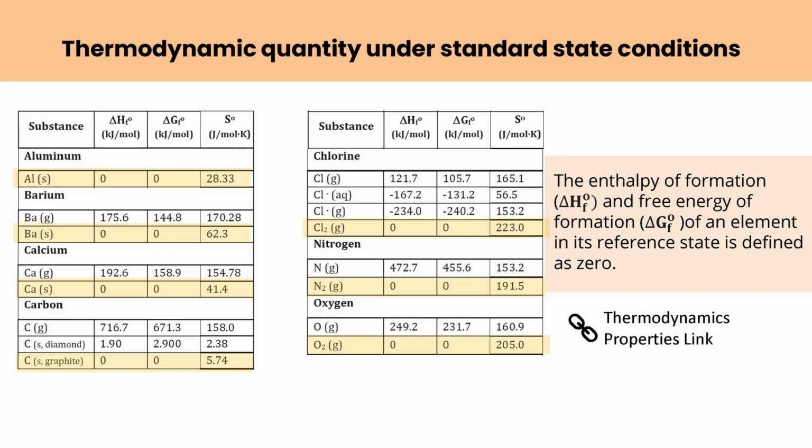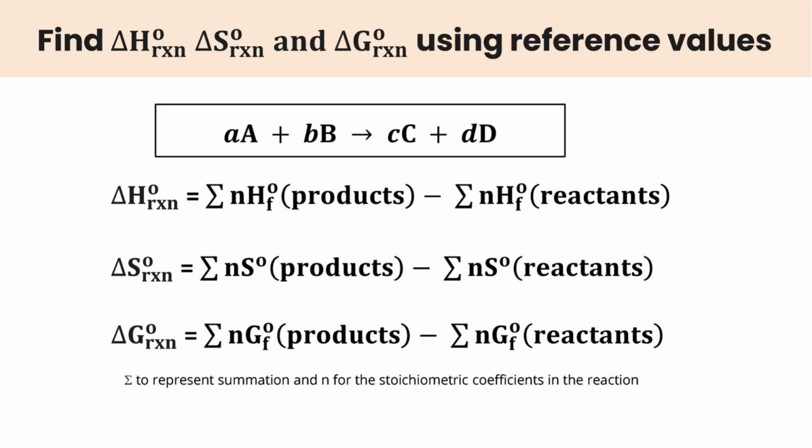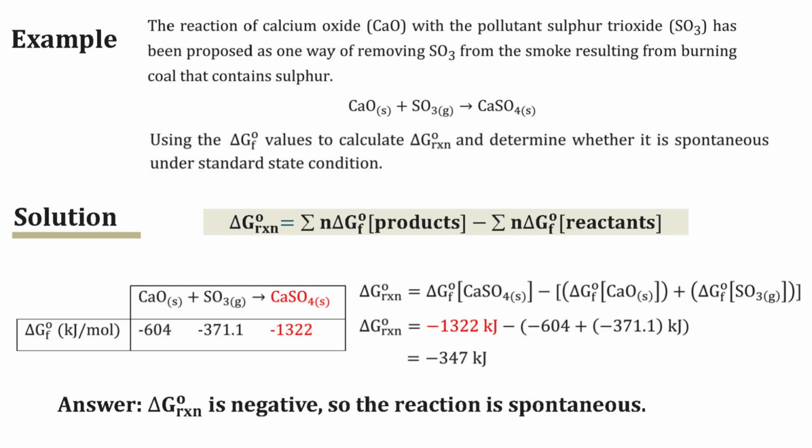Defined as 0, yes. Makes calculations easier. So you do the same products minus reactants calculation, sum of delta Gf naught of products times coefficients, minus sum of delta Gf naught of reactants times coefficients. That's the method. Gives you delta G naught for the reaction directly. The source shows examples using both approaches to find delta G naught and predict spontaneity at standard temperature.